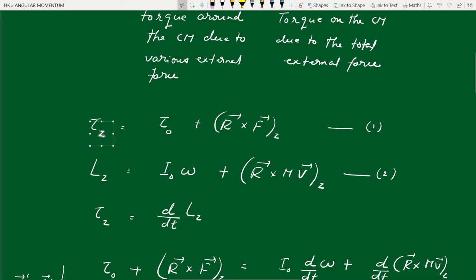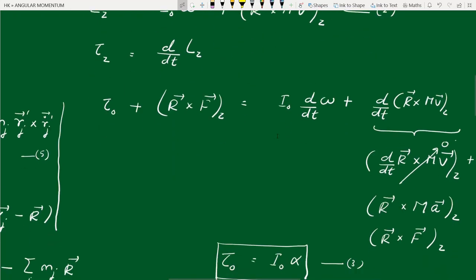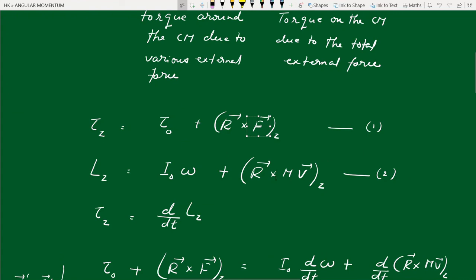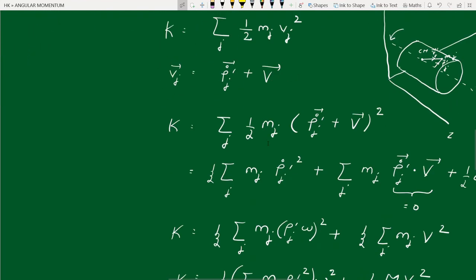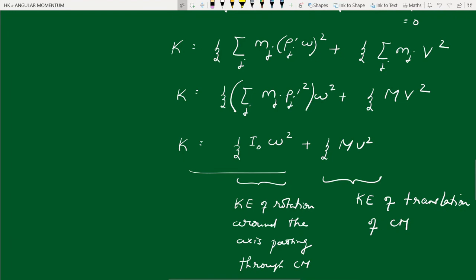The torque acting on the body along the z direction is the torque due to motion of the body around the center of mass due to external forces, and second, the torque on the center of mass due to the total external forces. So we have expressed angular momentum as a sum of two terms, torque as a sum of two terms, and now kinetic energy as a sum of two terms. In each case, one term is due to the rotation around the axis passing through the center of mass, and the second term corresponds to the translation of the center of mass.